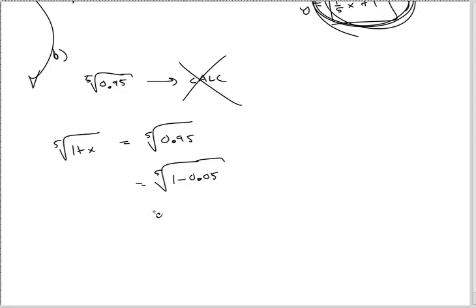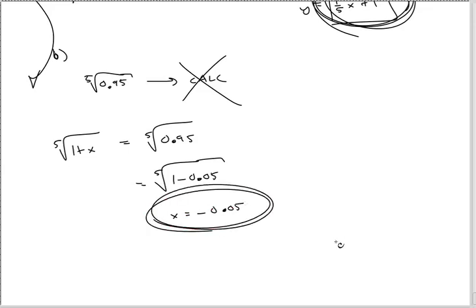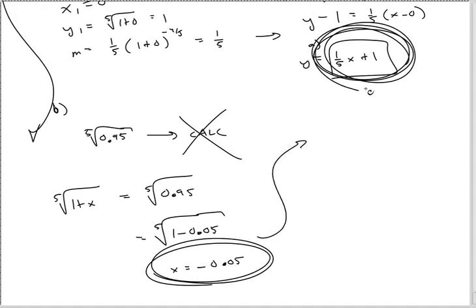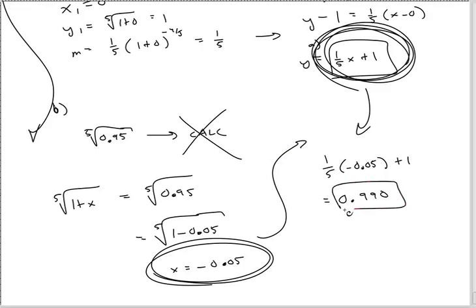And so in a way here, I'm saying that my x is equal to negative 0.05. Okay? Now that I take that, I can plug it in here. 1/5 times the negative 0.05 plus 1. I plug them in, and I get 0.990. There we go.